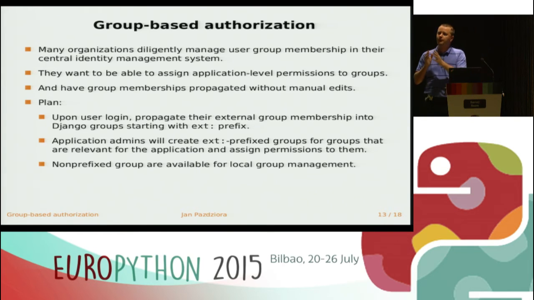Proposal: if a group in Django starts with X colon, whenever an externally authenticated user logs in, populate his or her membership in those X prefixed groups with whatever groups you find coming with that user.